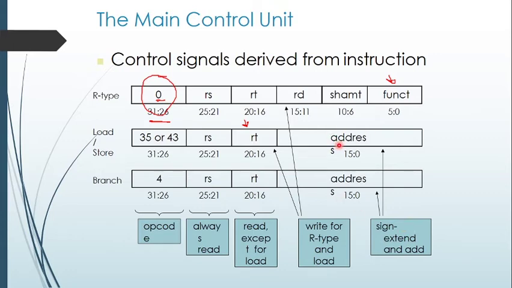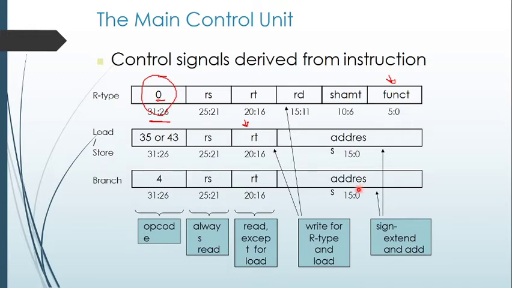If it's a negative number, it will be extended with ones, and if it's a positive number, it will be extended with zeros, whatever the value in the sign bit is. The same is true for branch. Branch will also have a 16-bit constant value.